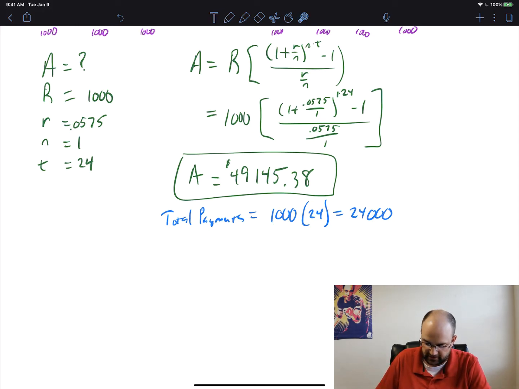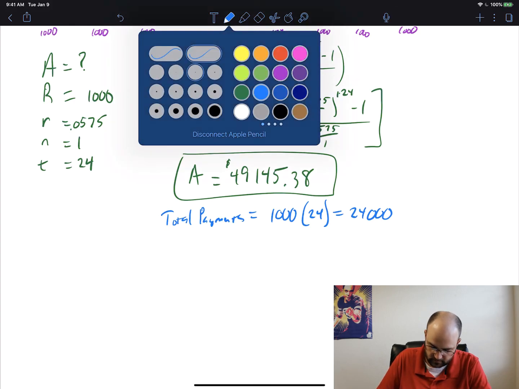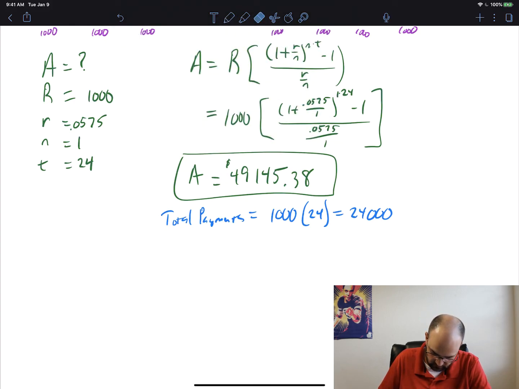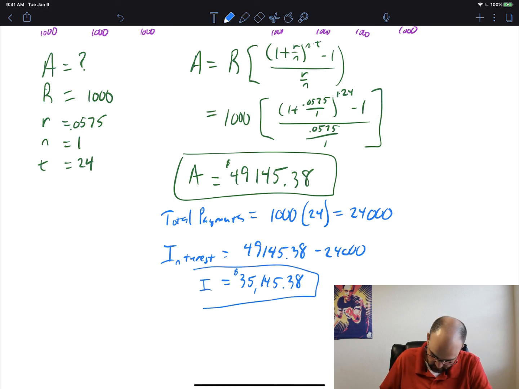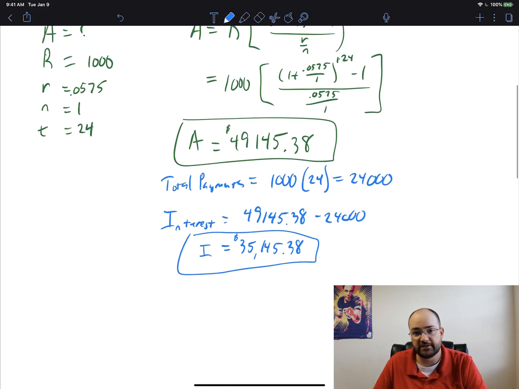So we're going to take this value, subtract this value to give us the total interest. $49,145.38 minus that $24,000 should be $25,145.38. There you go. And that's how much interest was earned.